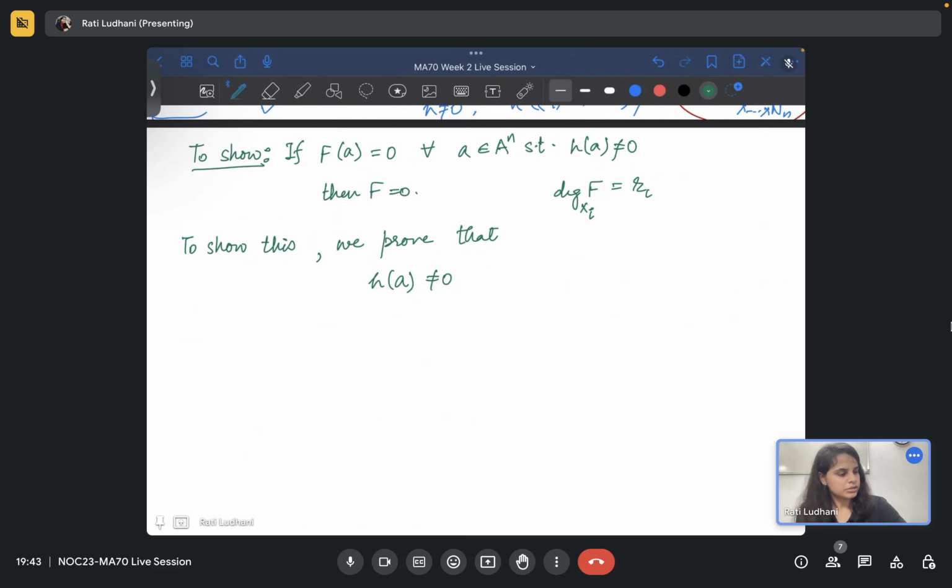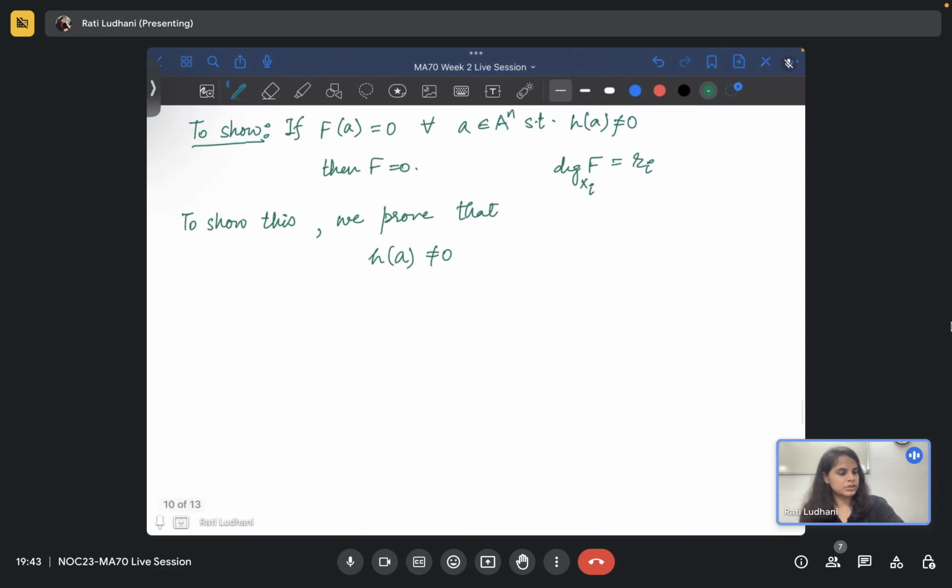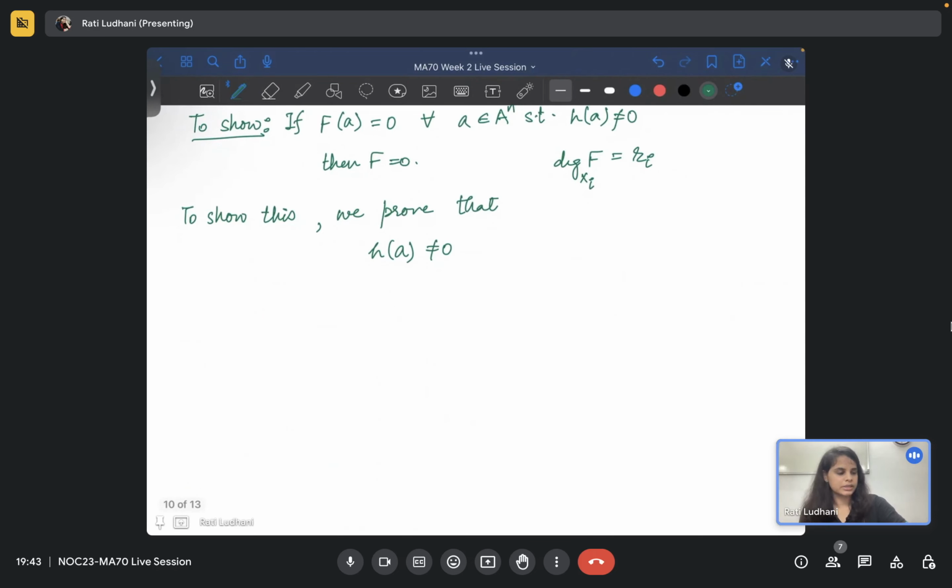Let's say the degree of f in xi is equal to ri. We prove that h(a) is not equal to 0 for a belonging to N1 cross ... cross Nn, where the cardinality of Ni is greater than ri.